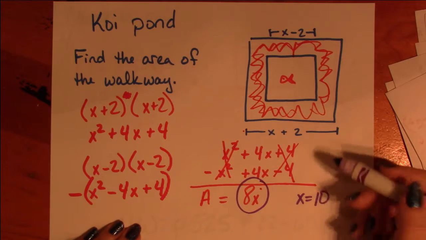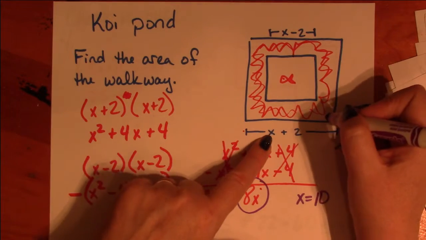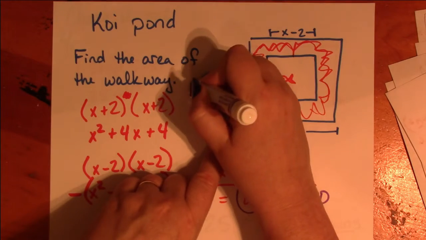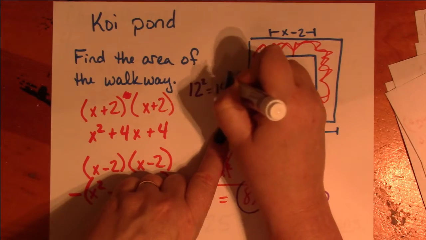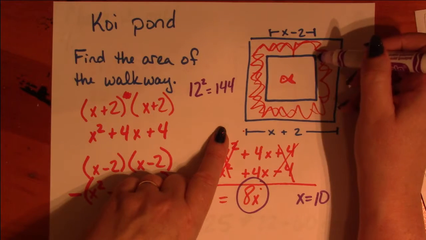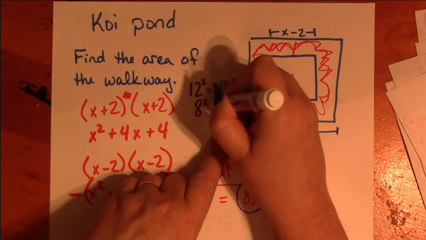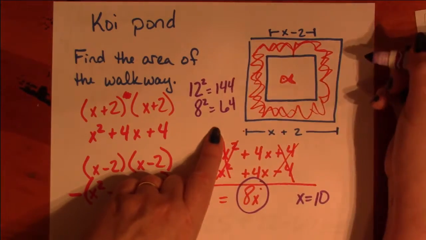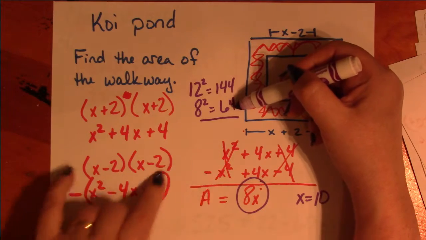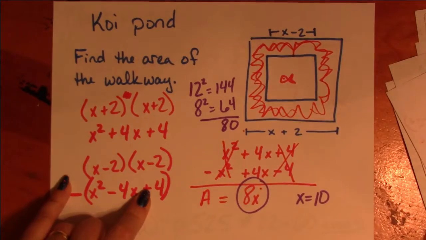If they asked us to go back through these steps, then the large length is 12, so 12 squared is 144, and the length of the small square is x minus 2, which is 8, squared is 64, and if we took the area of the large square minus the area of the small square, we end up with 80.